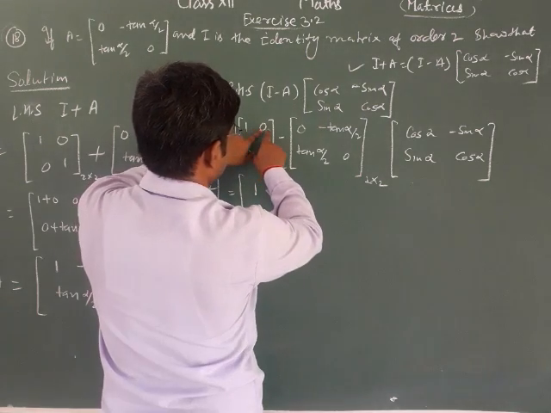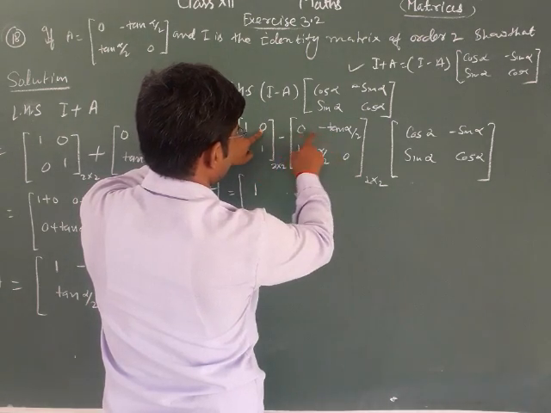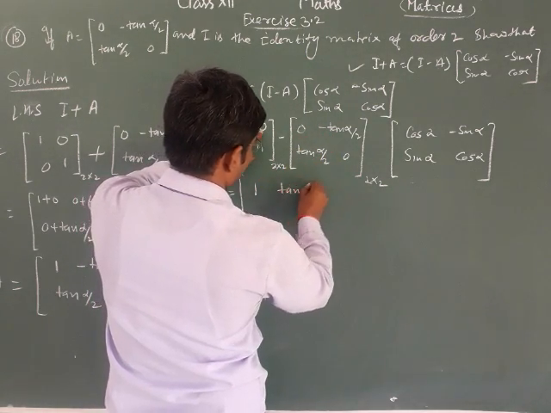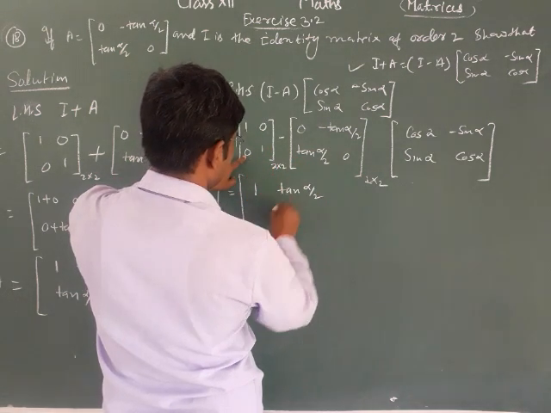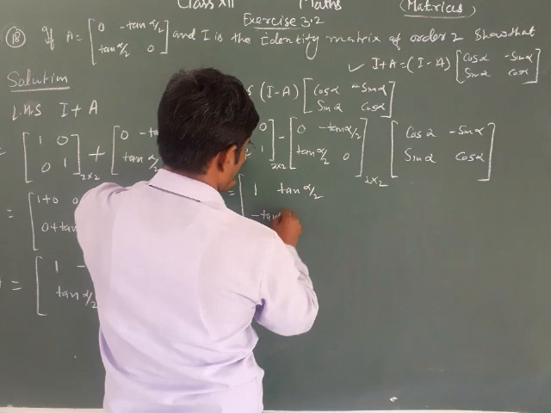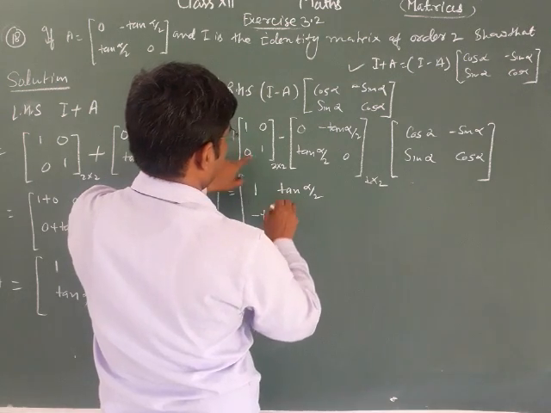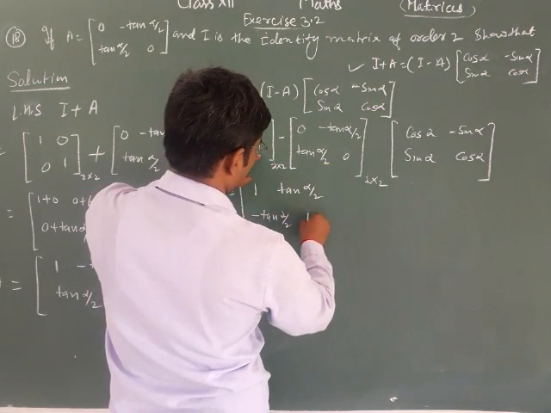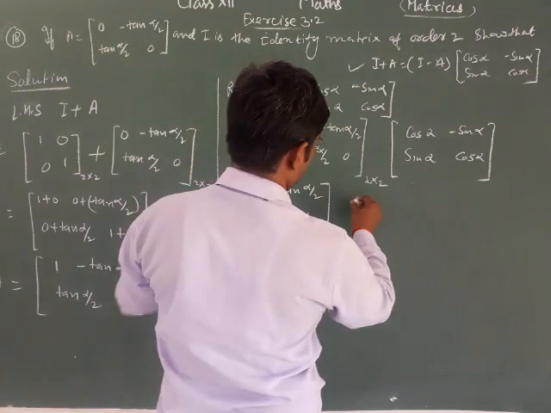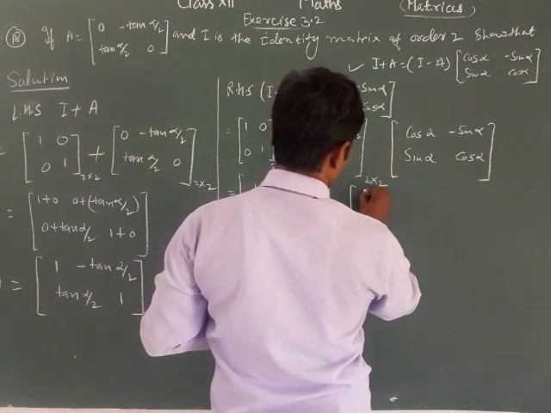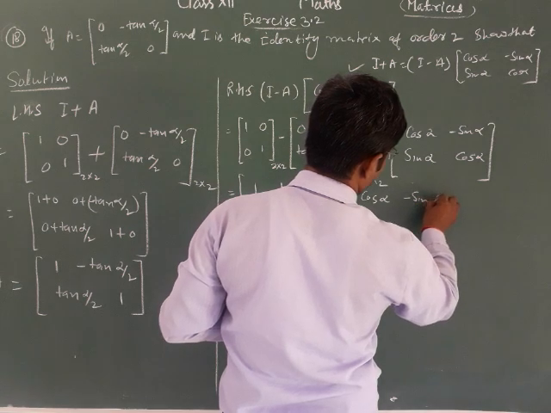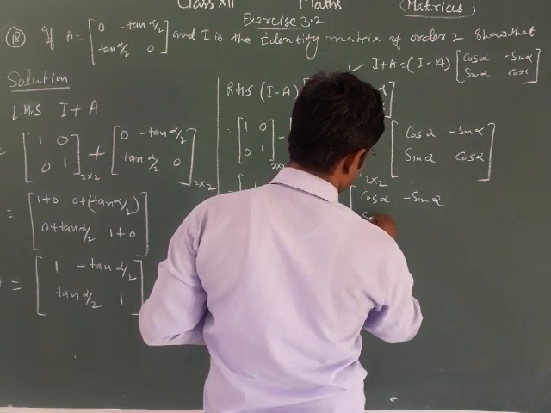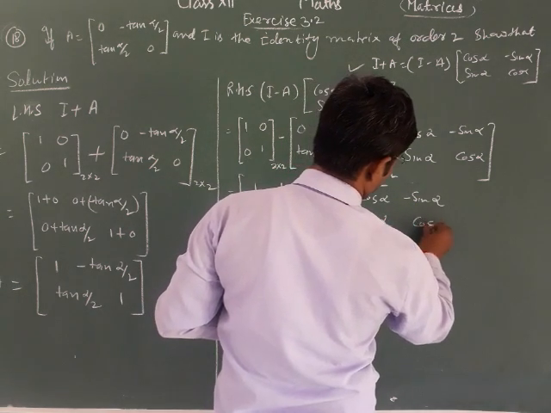So 0 minus minus, plus tan alpha by 2, and this is 0 minus tan alpha by 2, and 1 minus 0 is 1, and also cos alpha, minus sin alpha, sin alpha, cos alpha.